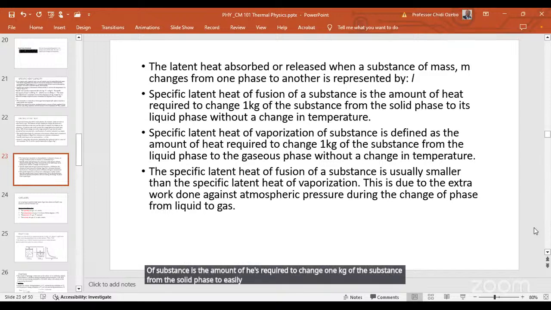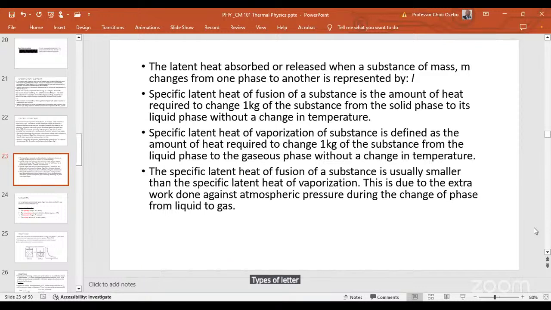So fusion is changing from solid phase to liquid phase, while that of vaporization is changing from liquid to gaseous state. So we have only two types of latent heat: latent heat of fusion and latent heat of vaporization.